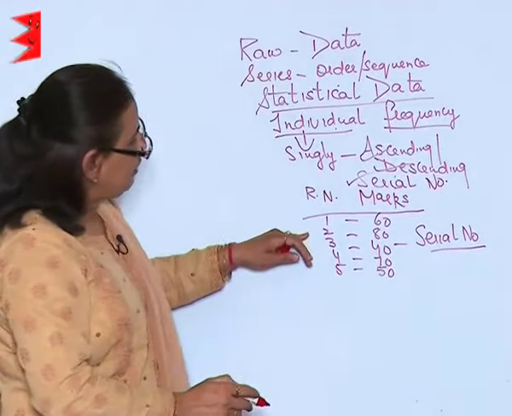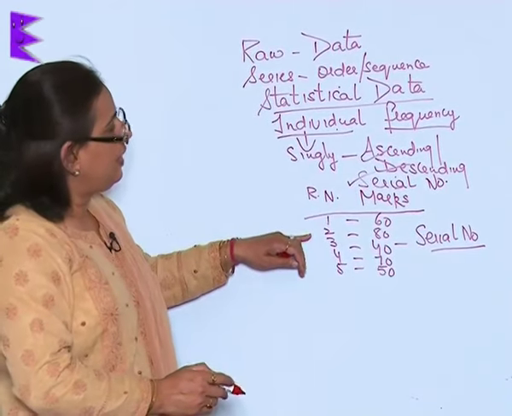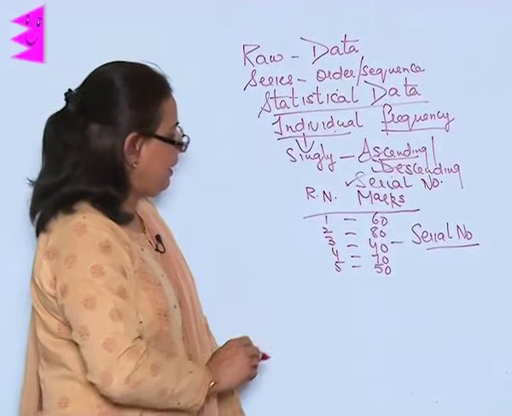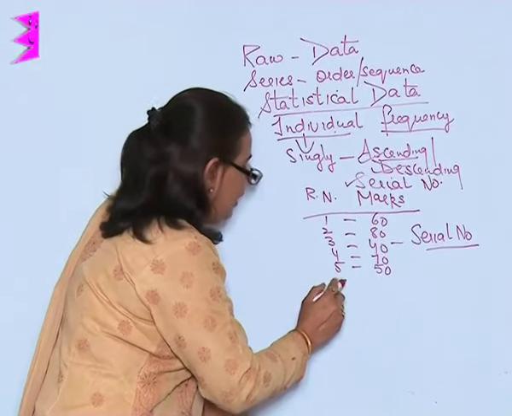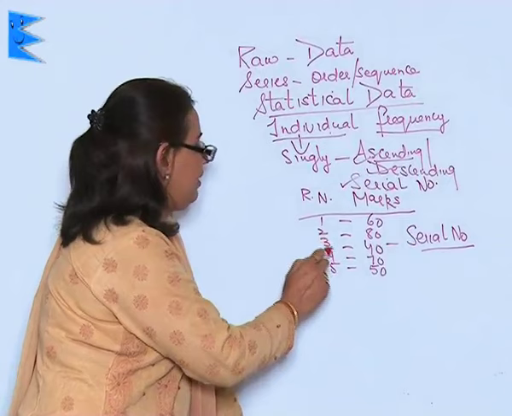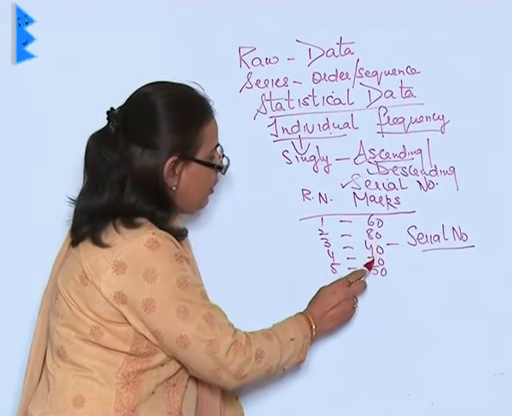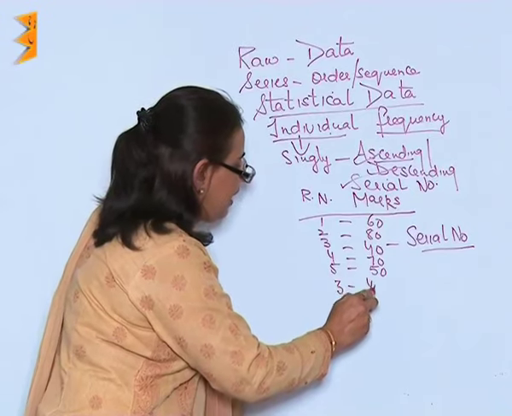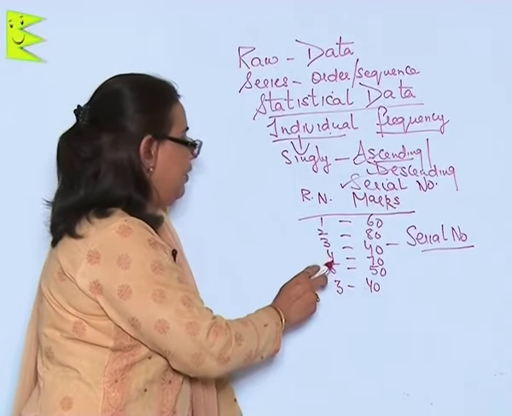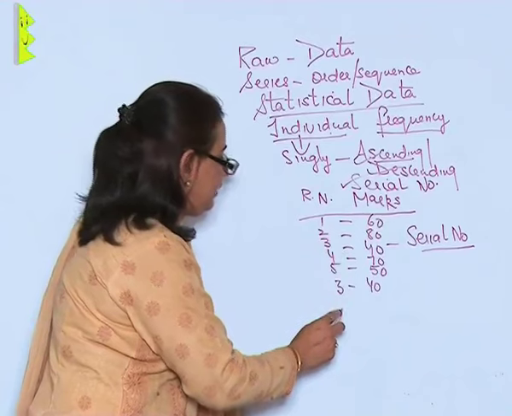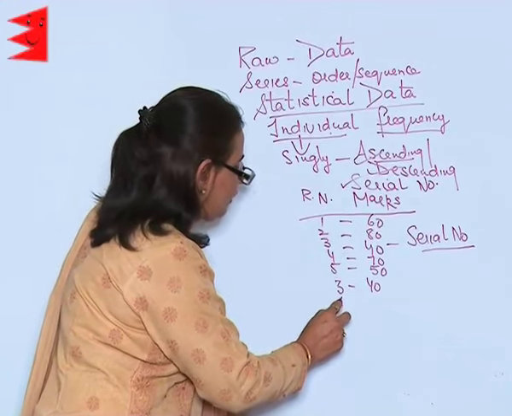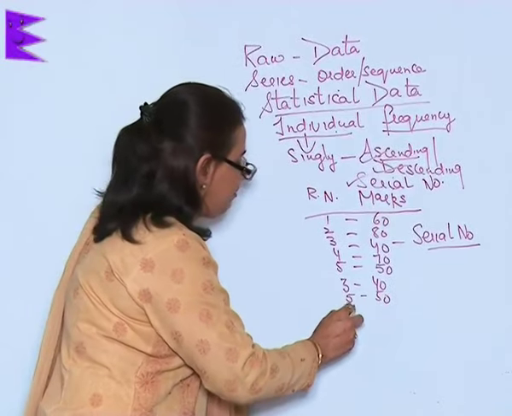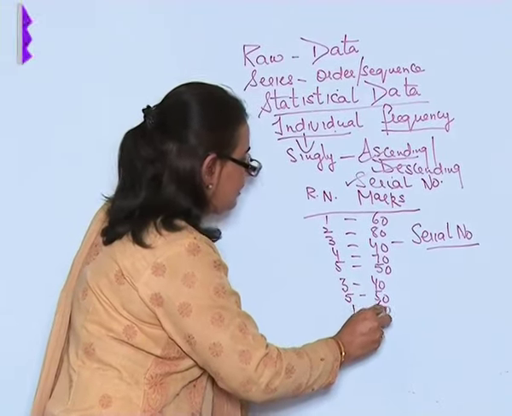Now, I will be converting this same data into ascending order. Ascending data will be, it is the roll number which is the least that we will be talking of first. Roll number 3 has got 40 marks. Then roll number 5 has got 50 marks. Roll number 1 has got 60 marks.